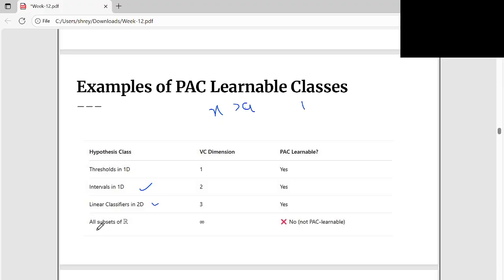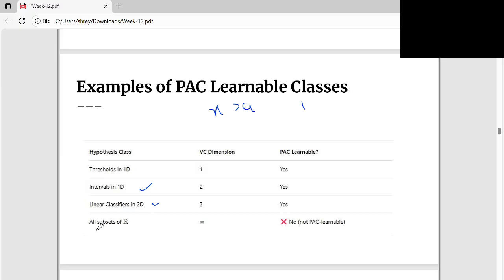And if we are talking about all subsets of R, meaning the real numbers, then your hypothesis can be 1D, 2D, 5D, 7D, anything. Then its VC dimension is infinite. You cannot bound it, because there will be something in the subsets of R which can classify this data.